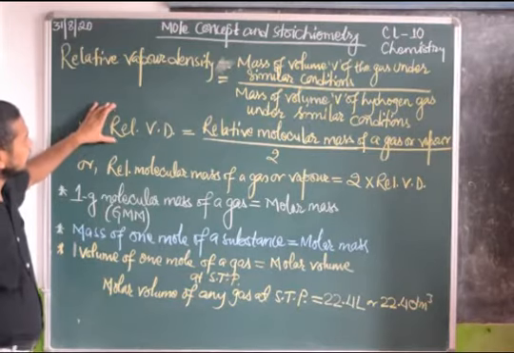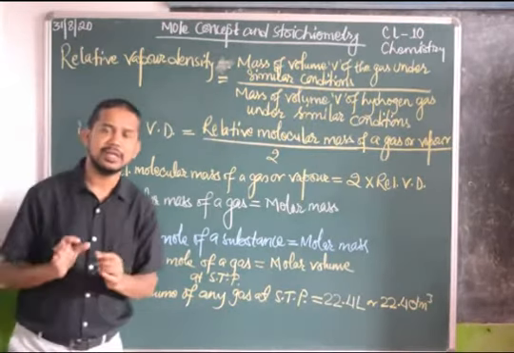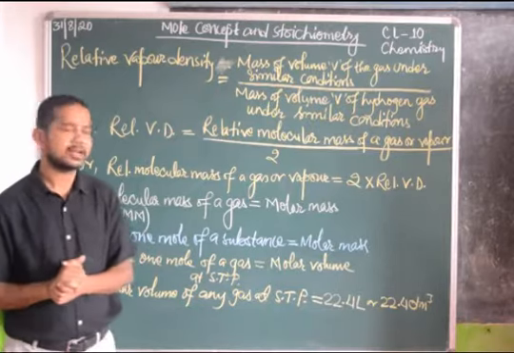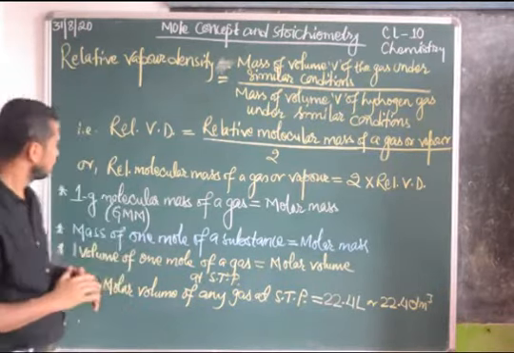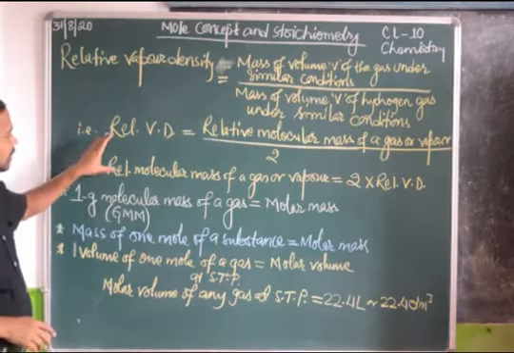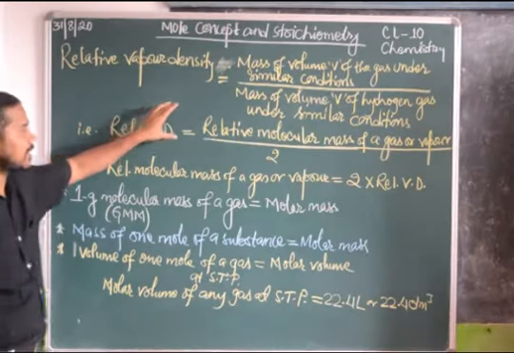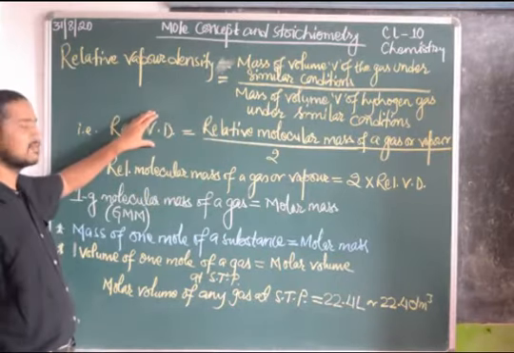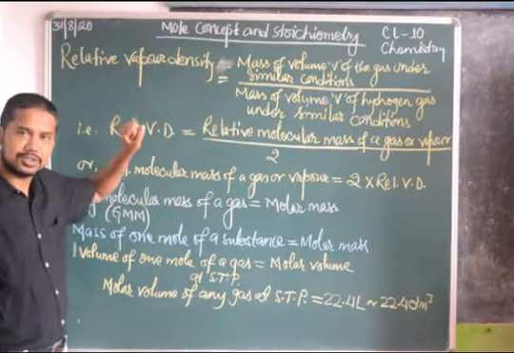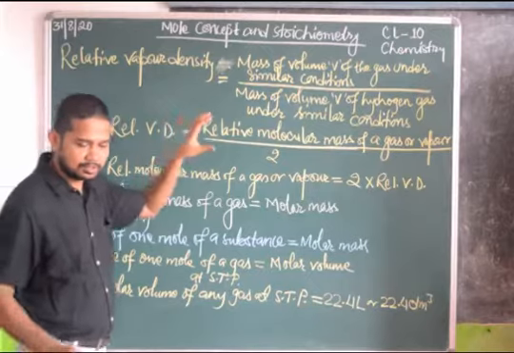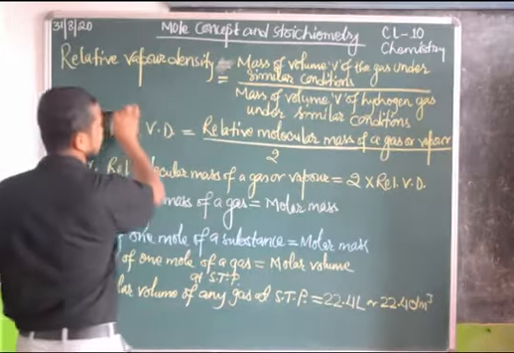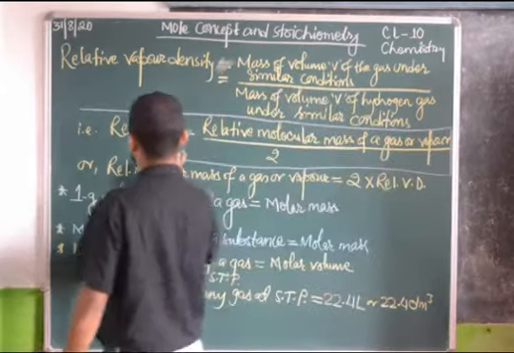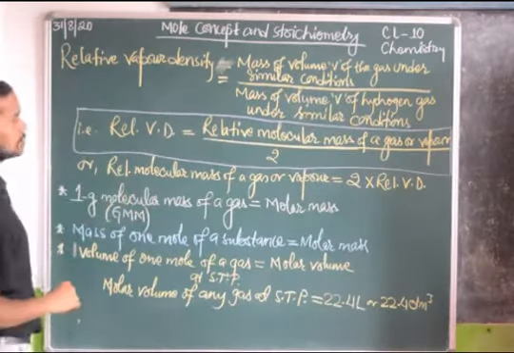And in short, we can write relative vapor density is equal to the relative molecular mass of a gas or vapor divided by 2. So if we know vapor density, we can find relative molecular mass, and if we know relative molecular mass, we can find relative vapor density using this formula. This formula is important.